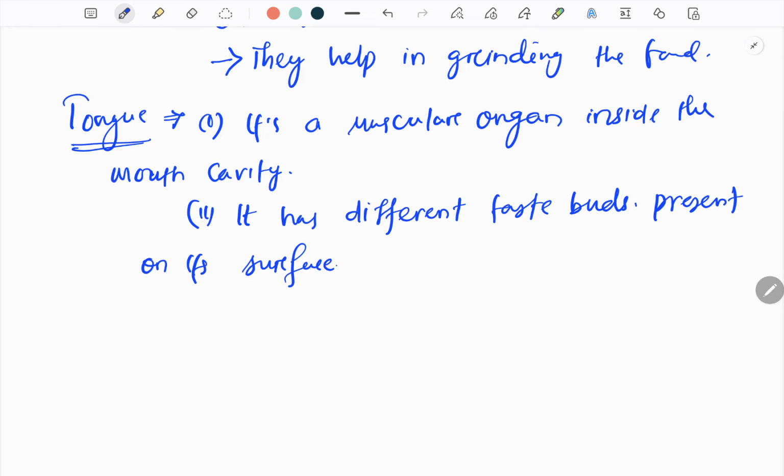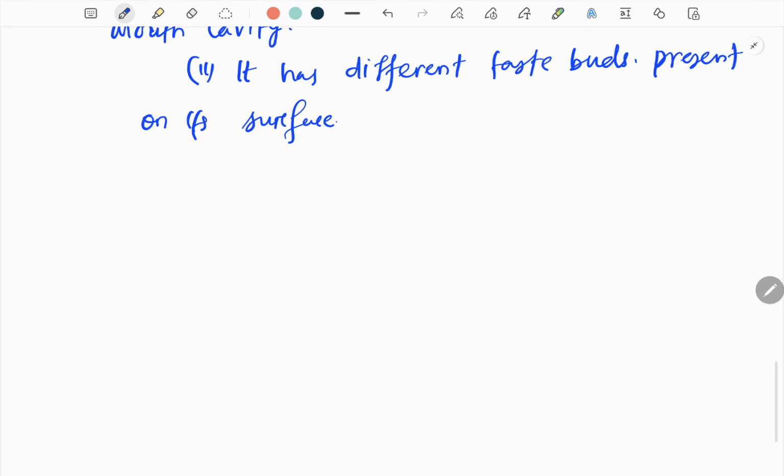Specifically, there are four different areas to identify four different tastes: sweet, salty, sour, bitter. The taste of sweet food is identified by the tip of the tongue.